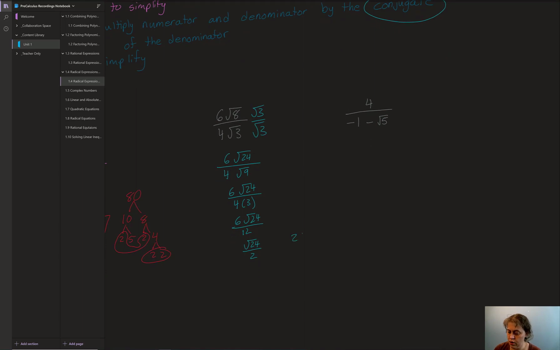And then we do our factor thingamajobber. 2, 12, 2, 6, 2, 3. 2 root 6 over 2. But now the 2's cancel, and I'm just left with square root 6. Whew. Okay. That wasn't terrible.